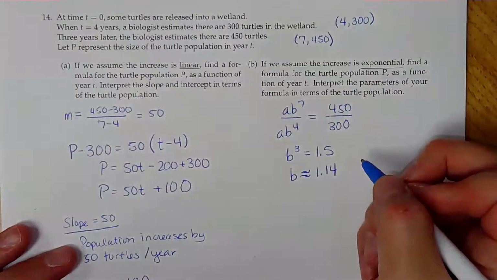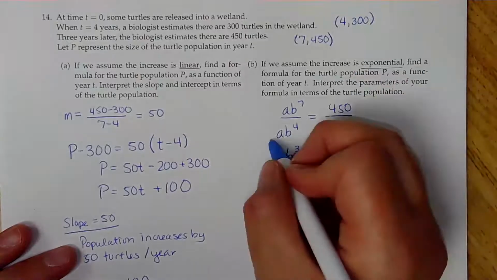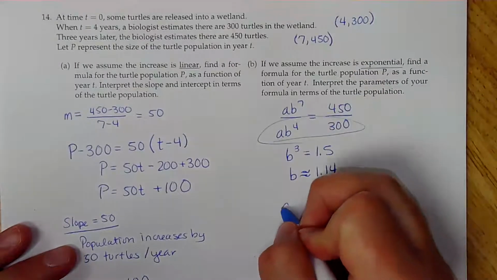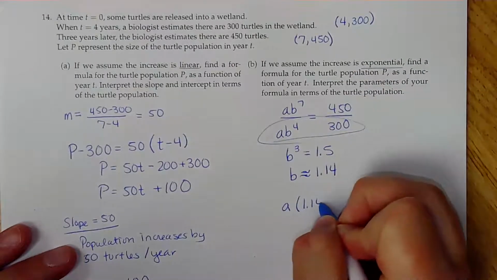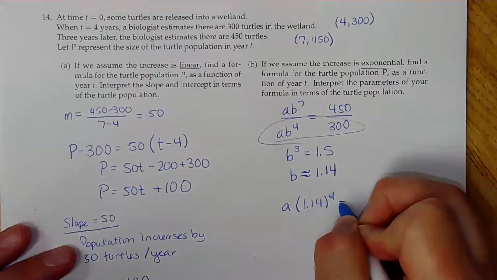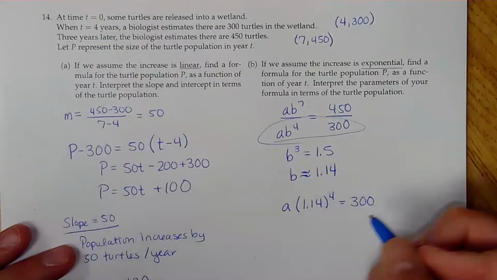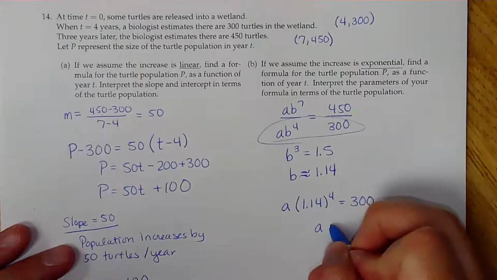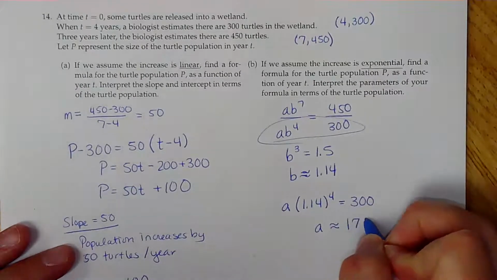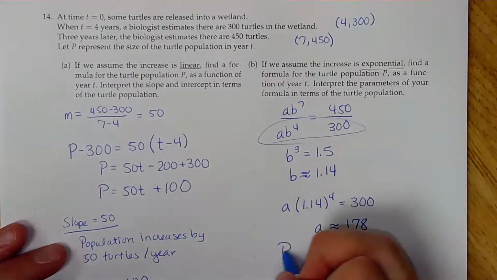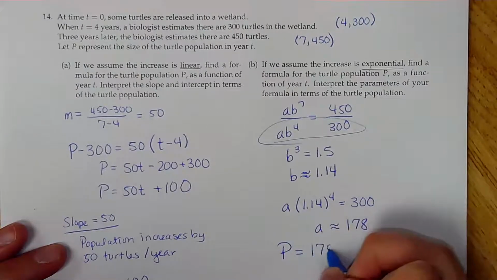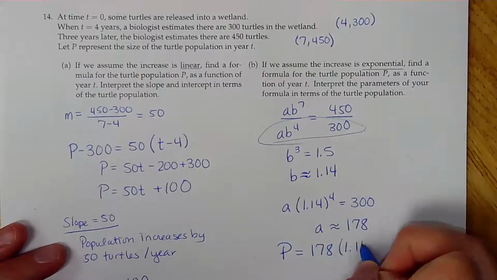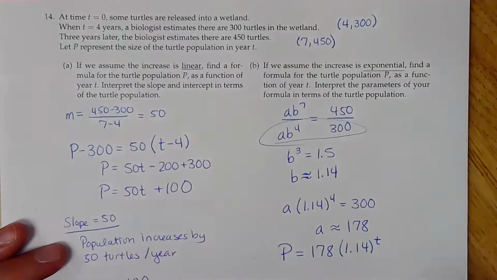And then I need to find A, so I'll use this part here. So I have A times 1.14 to the 4th equals 300. So A is going to be roughly 178. My equation is going to look like P is 178 times 1.14 raised to the T.